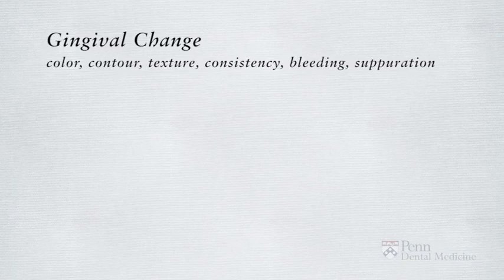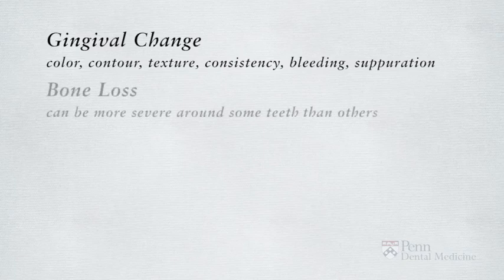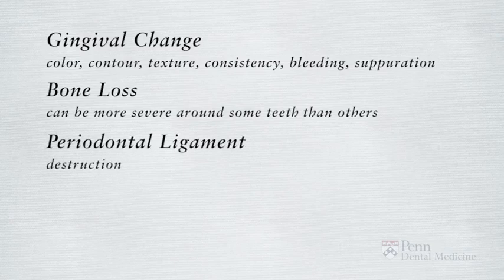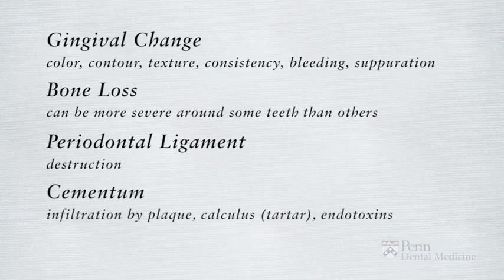There's also bleeding and some suppuration. There is also bone loss which can be more severe around some teeth than others. There is destruction of periodontal ligament, and the cementum itself also undergoes changes. There's infiltration by plaque, by calculus, and by endotoxins.